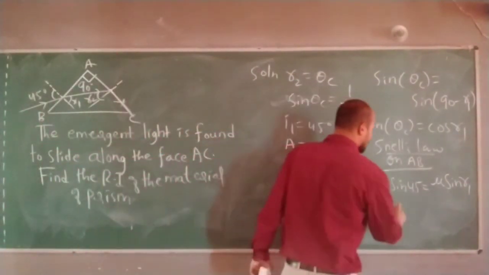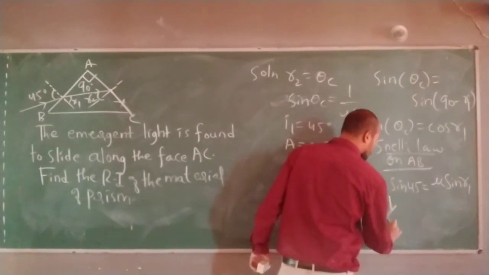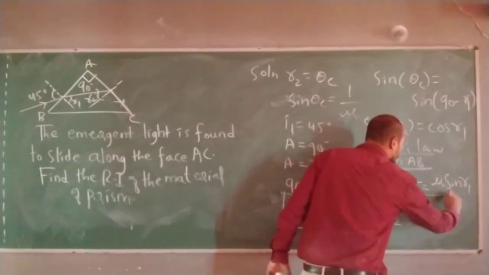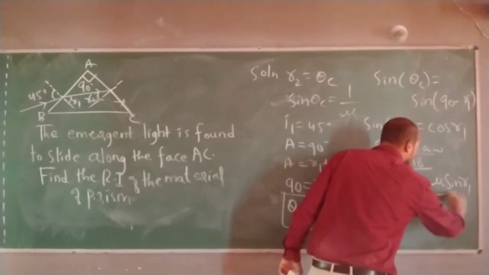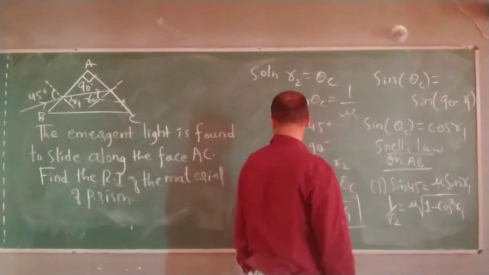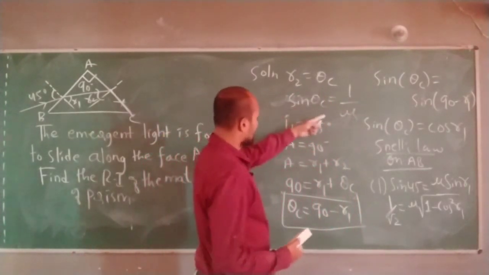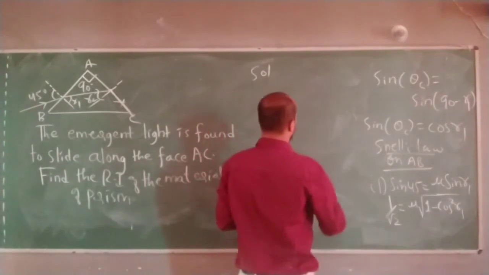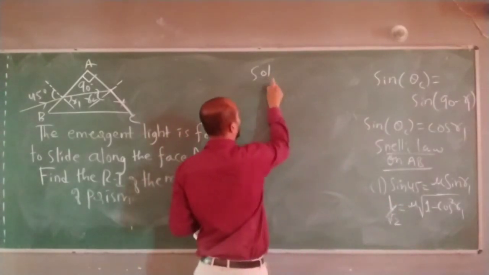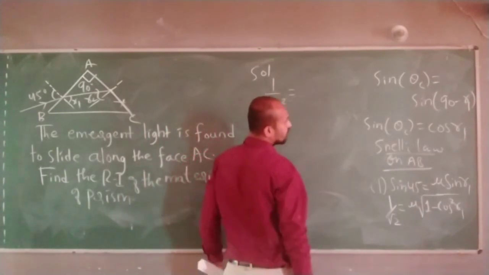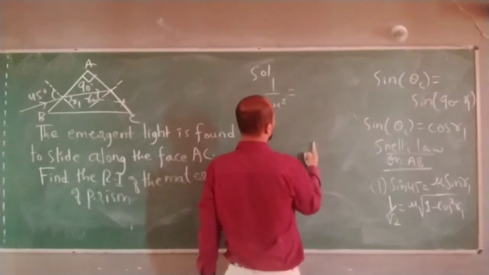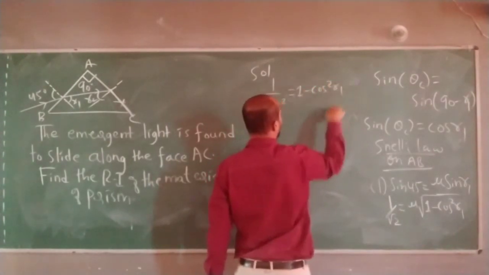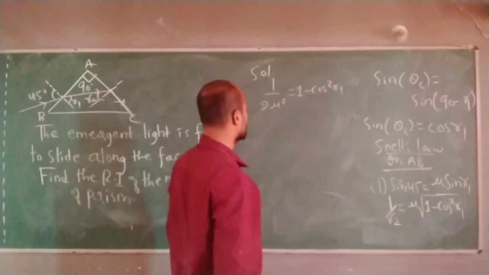Sin 45 is 1 by root 2, so 1 by root 2 is equal to mu sin r1. Squaring, 1 by 2 mu square is equal to sin square r1, which is 1 minus cos square r1.